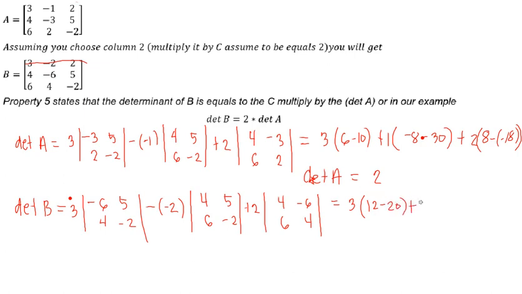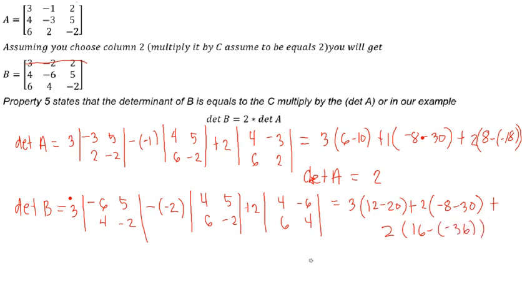So plus 2, that is negative 8 minus 30. And plus 2, yung diagonal natin, that is 16 and 36. So 16 minus negative 36.